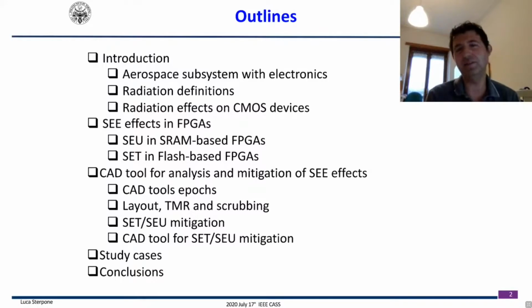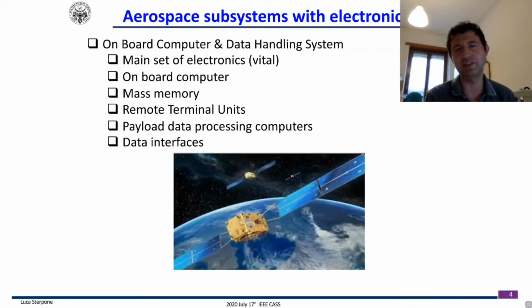And then I will have a part of my presentation dedicated to tools for performing the analysis and mitigation, and also a comparison with some case studies, and conclusions. And that will conclude my talk. I hope it will be interesting for all the audience currently looking at my presentation.